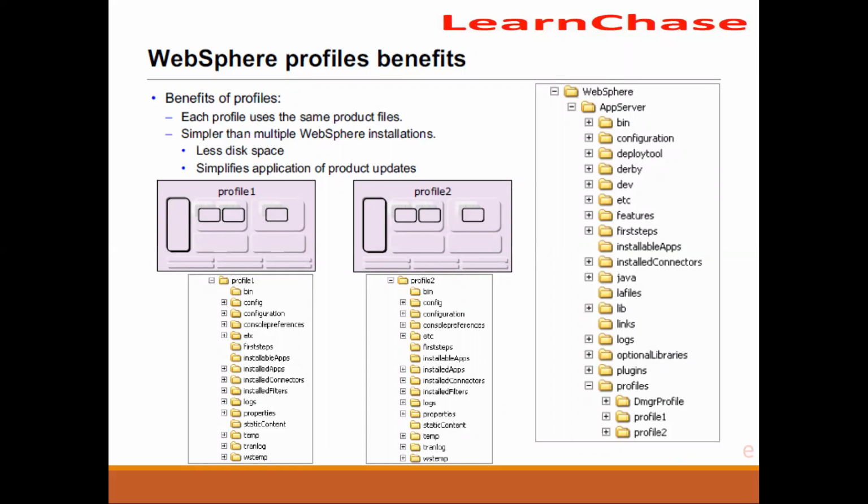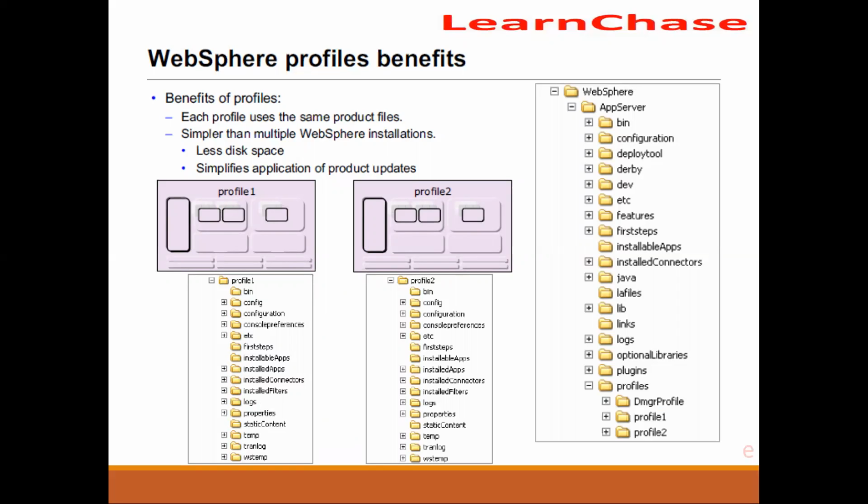What are the benefits of the profiles? Each profile uses the same product files, unlike multiple WebSphere installations, so it needs less disk space and simplifies application of product updates. Profiles are considered separate URLs, like a simple small server.